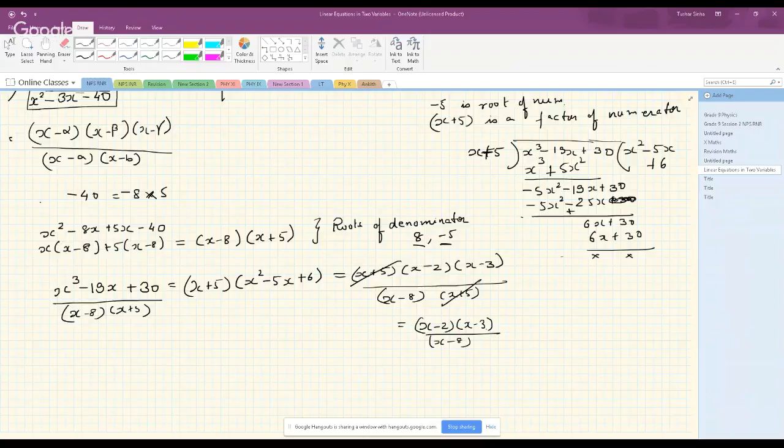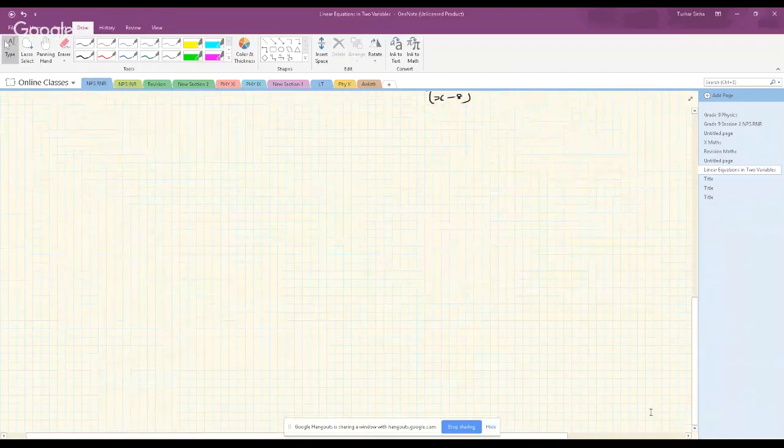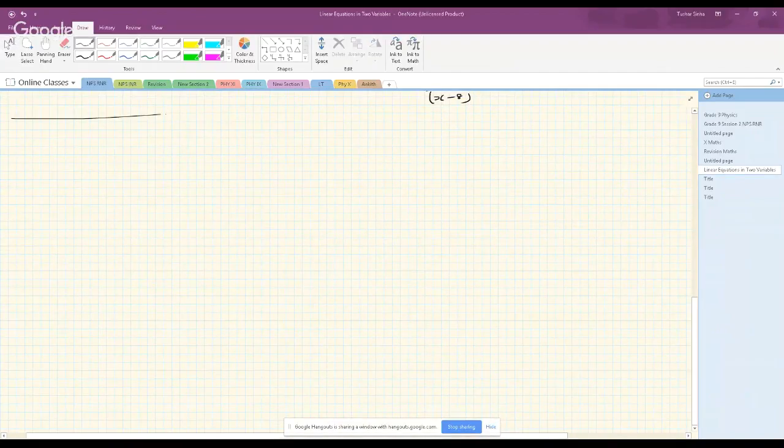Then the next one, she said 29, and 29 is similar, but the only difference here is that both numerator and denominator have the same power or same degree. That is, both of them are cubic.